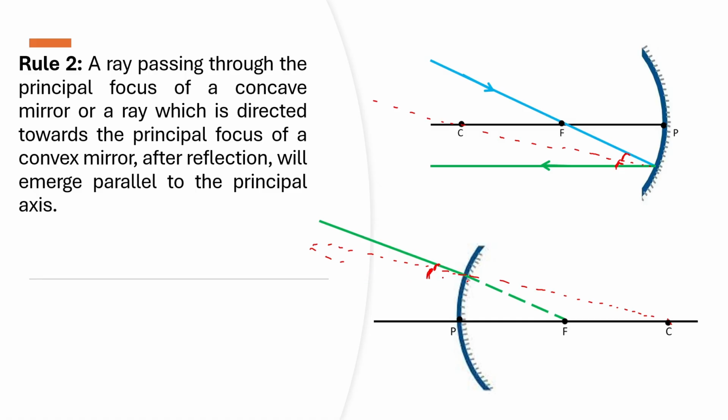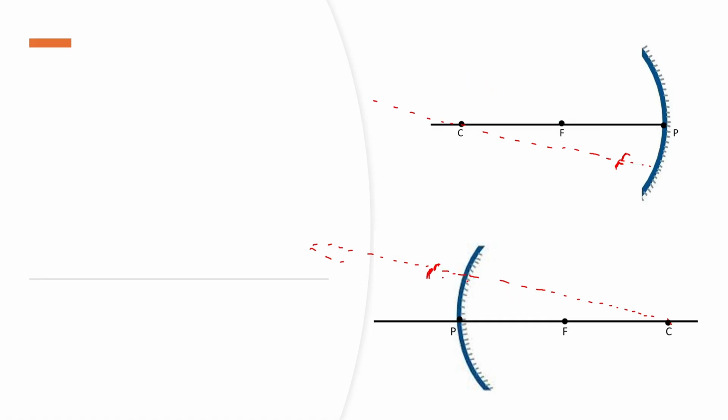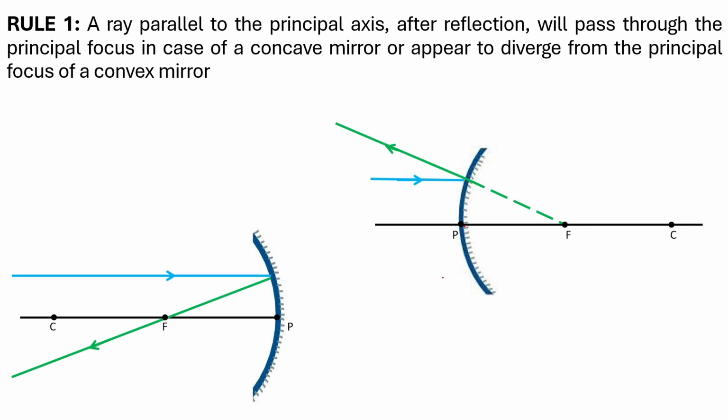The same thing is for rule 1. When you go back to rule 1, here also you can draw the normal. The normal should pass through the center of curvature, because any ray which is passing through the center of curvature will act as the normal. So this is the angle of incidence and this is the angle of reflection. Here also the same.